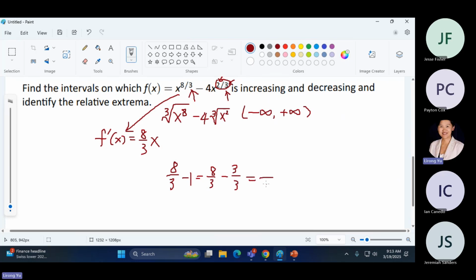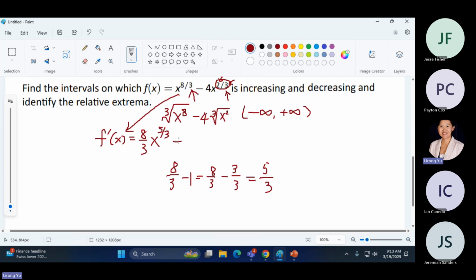You keep the 3 in the denominator, the numerator is 8 minus 3, which is 5. So the power is x to the 5 over 3 power. Remember, applying the power rule, the power goes to the front and the power has to go minus 1. That's the differentiation for the first term.